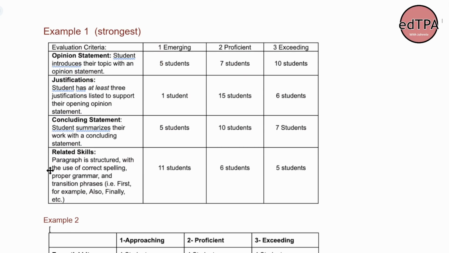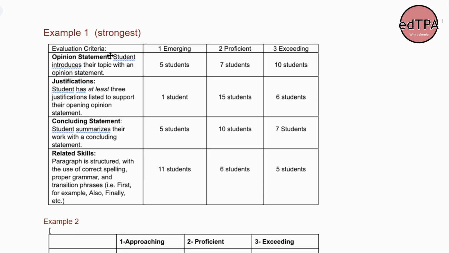Okay, so here's an example. Evaluation criteria: these are the essential literacy strategies related to opinion writing, and this is about related skills. And over here you can see the number of students that met, that are proficient, students who didn't quite get there, and students who did a bit more. And this is an example of a strong table.